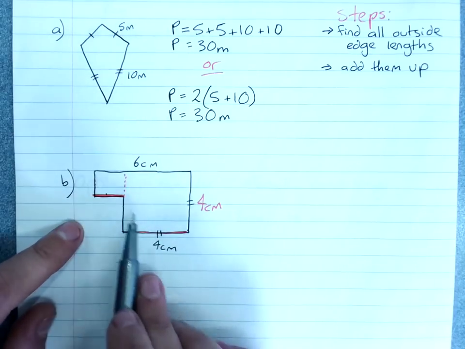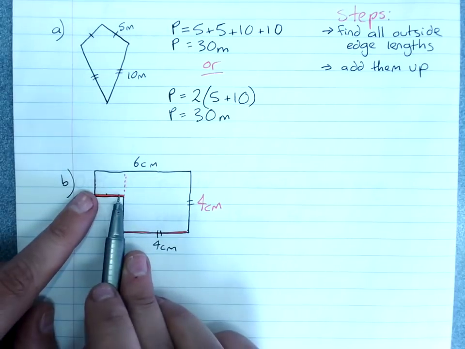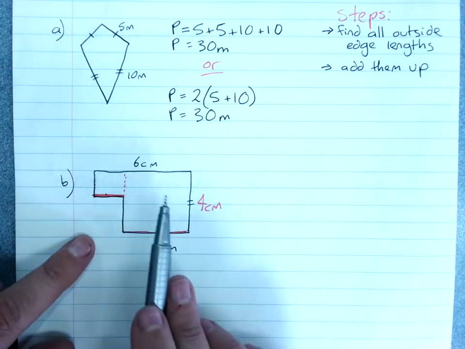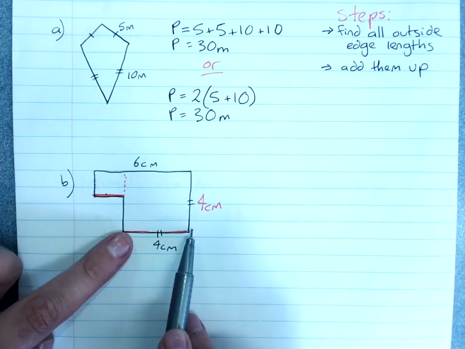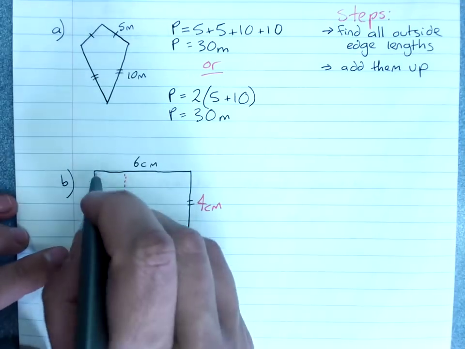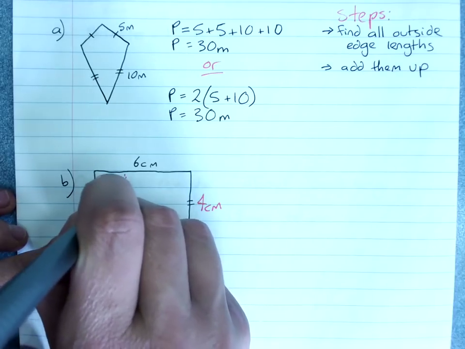I know that these 2 that I've highlighted in red there and there have to add up to the same as this length, which is 6. Because this is 4, this is going to be 6 take away the 4, which leaves me with 2 centimeters.